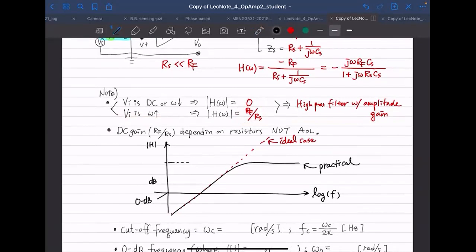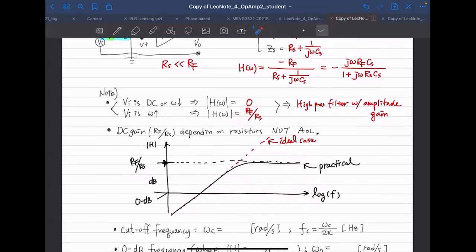And the level where it gets saturated, this value here, is going to be what? RF over RS. Because at infinite frequency, when the frequency is very large, its value should be what? RF over RS.